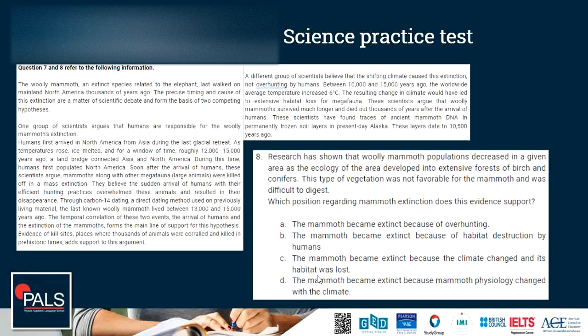We can exclude D. Because D would mean that the mammoth would have been able to adapt and survive in the end. If the mammoth would have been able to change its physiology to adapt to the changes in climate, then it might have not gone extinct. So this is a bit of a contradiction in the answer itself. So the only thing that makes really sense here is C. The mammoth became extinct because the climate changed and its habitat was lost.